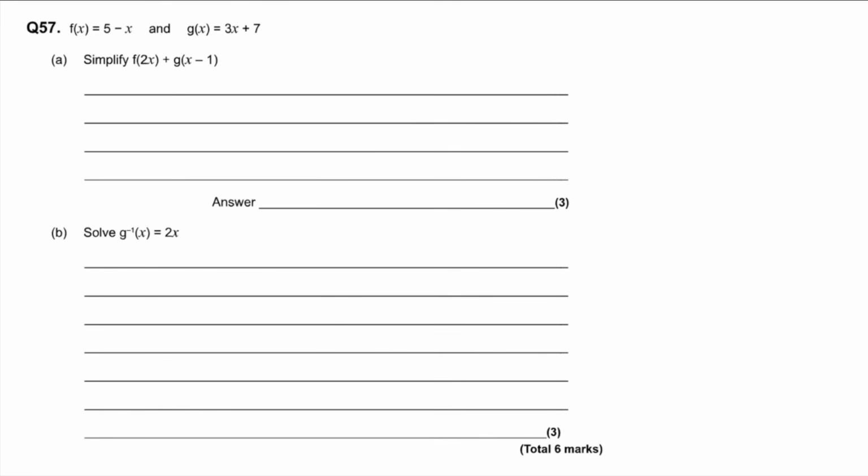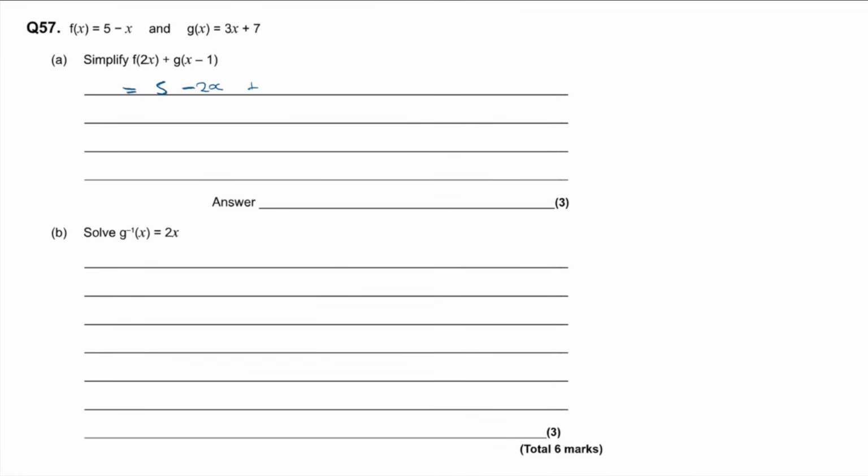Question 57. f of x is 5 minus x and g of x is 3x plus 7. Simplify f of 2x plus g of x minus 1. Okay, so f of 2x means take 2x and put it in the function where the x is. So that is going to be equal to 5 minus 2x.